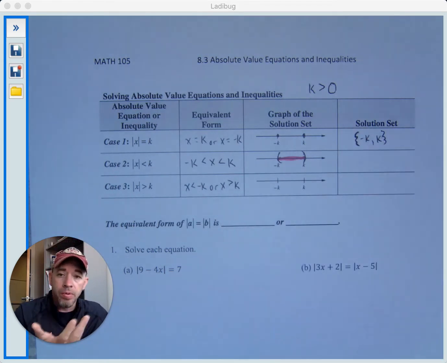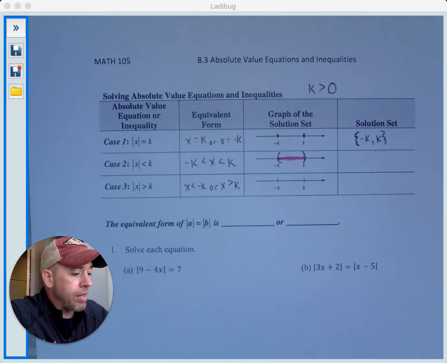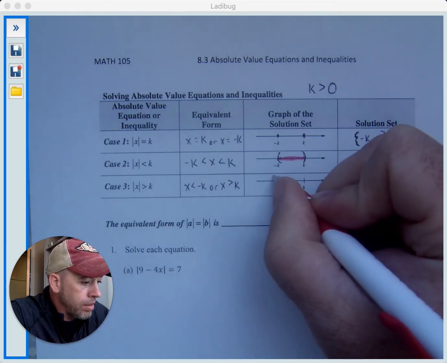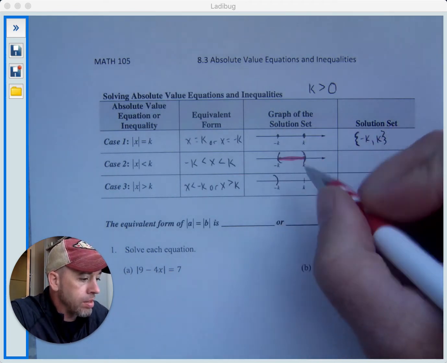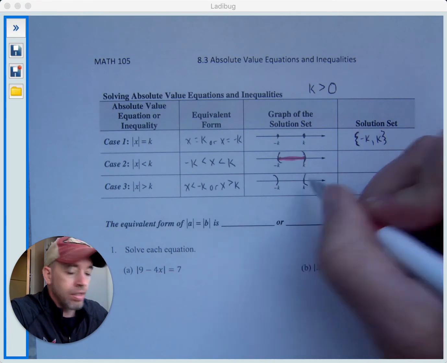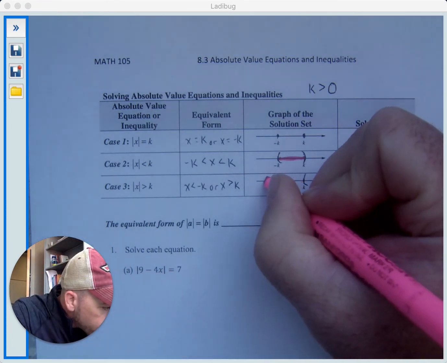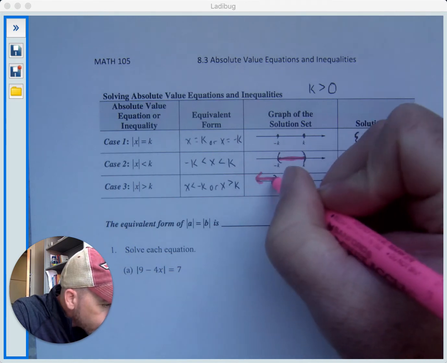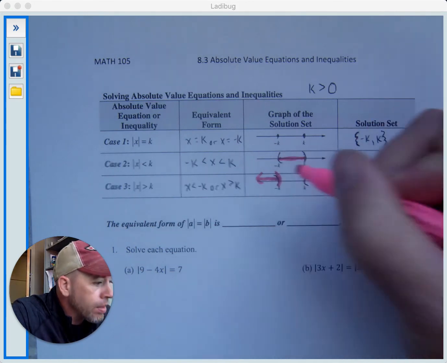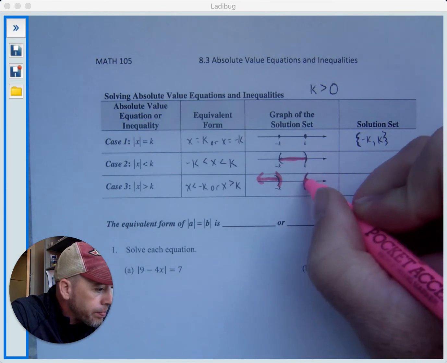And if we remember from the last section how we graphed that, x is less than negative k would look like this, right? With everything to the left and this with everything to the right. I'll use my little highlighter to shade that. So we have all that stuff and all this stuff, right?